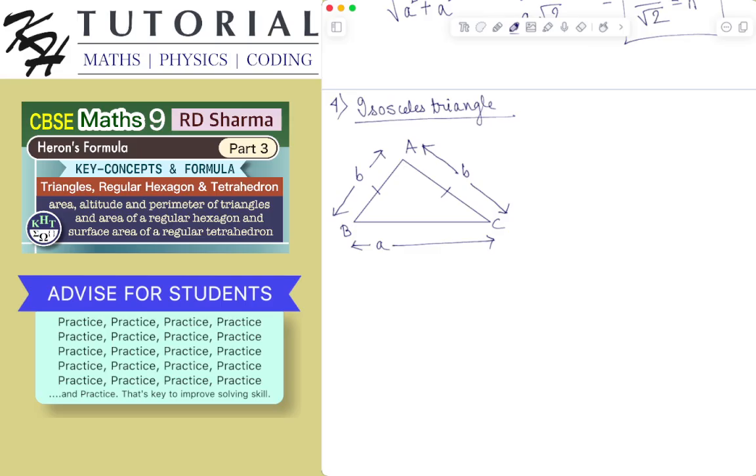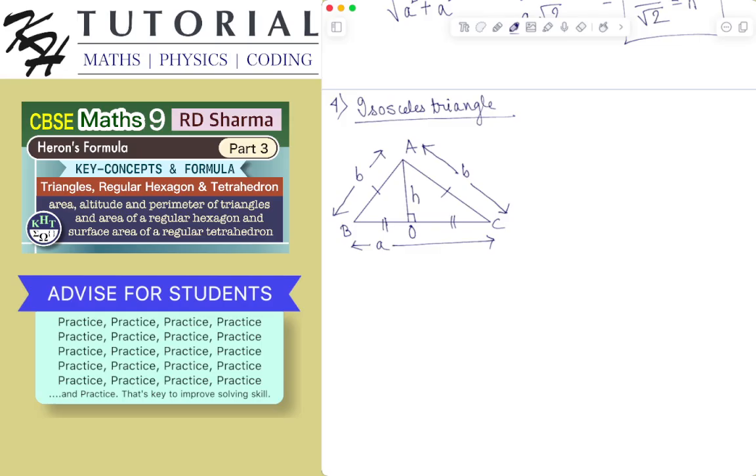If you draw a perpendicular from A on the side BC, then this perpendicular AO will bisect the side BC. So we will have BO equal to OC. Let's say the length of the altitude AO be h.